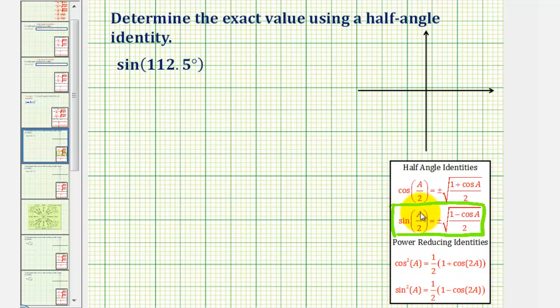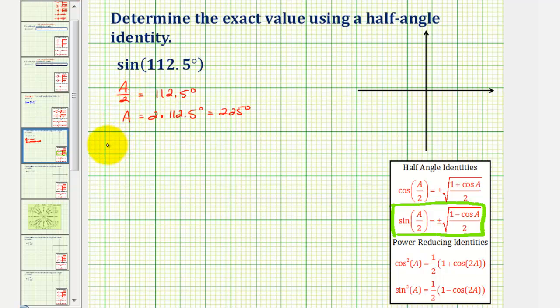Let's begin by determining the value of A as well as the sine of our sine function value. Notice for this example, A divided by 2 must equal 112.5 degrees. So if we multiply both sides of the equation by 2, we would have A equals 2 times 112.5 degrees, or A is equal to 225 degrees.